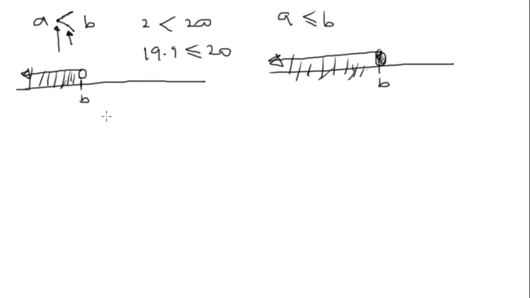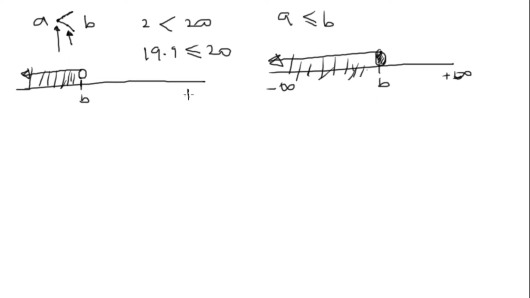Now, you may want to write the interval notation of this expression. To write the interval notation of this graph, notice that this side is negative infinity because the arrow tends towards negative infinity, and this is positive infinity.